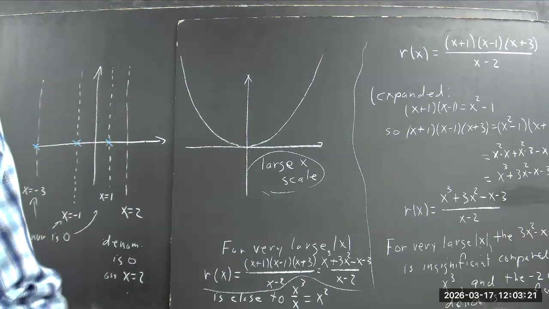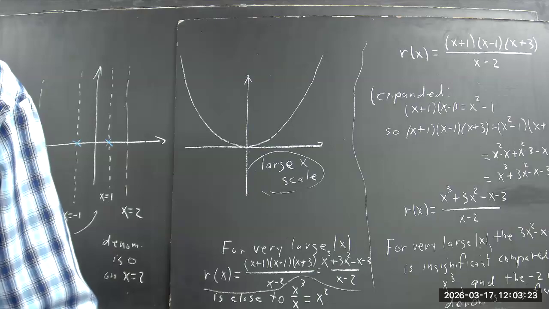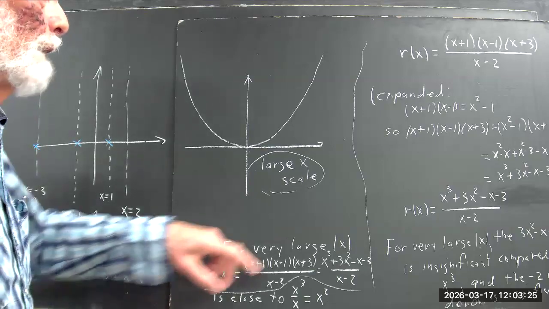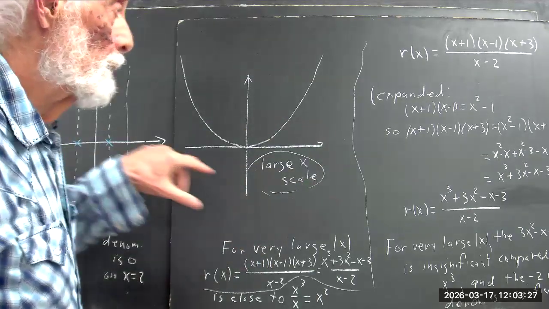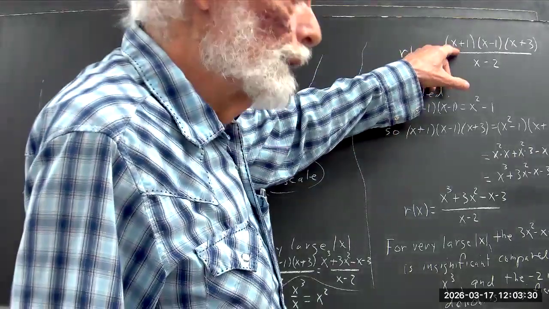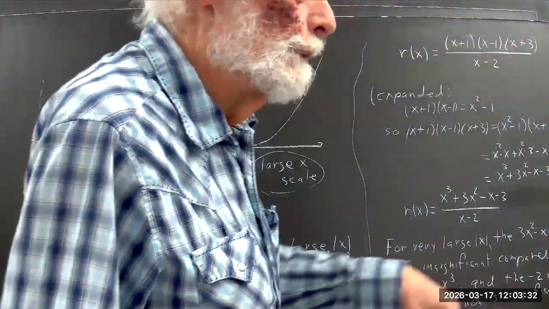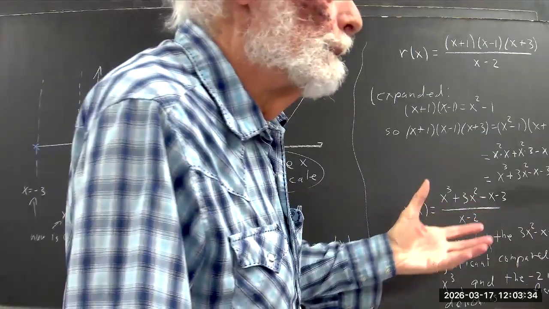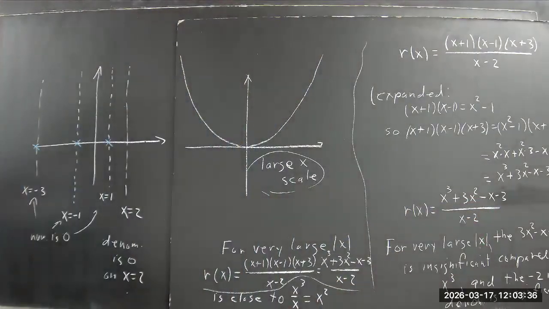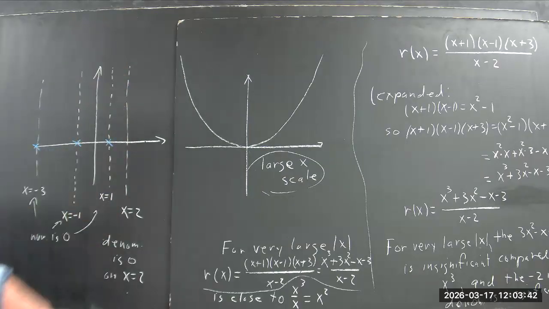Also, the only way it can be 0 is if I'm on one of these points, because any value of x other than negative 1, 1, or negative 3 won't give me 0. So the graph has to go through these 3 points. It has to blow up near x equals 2.